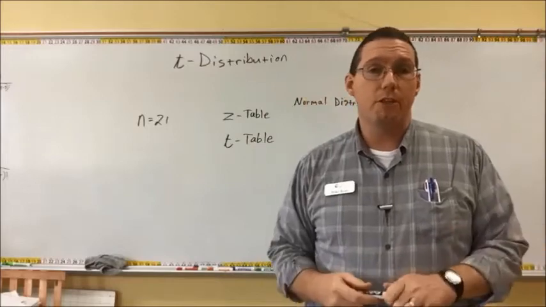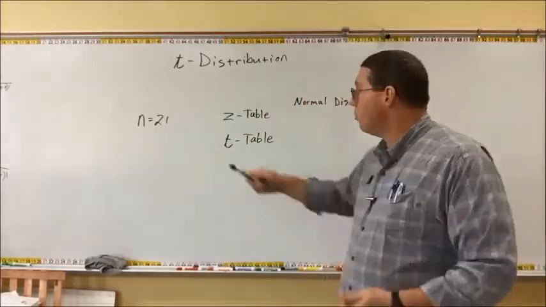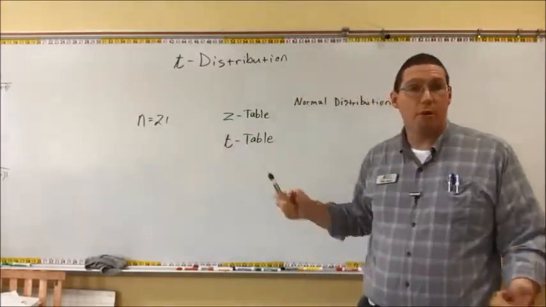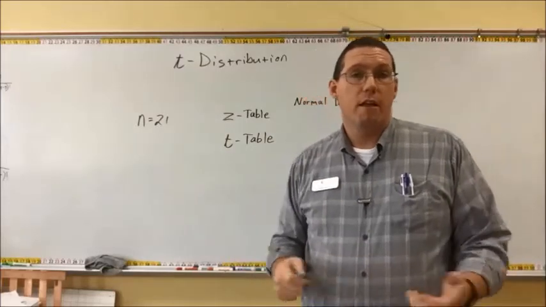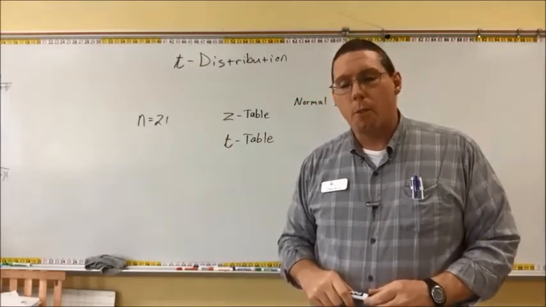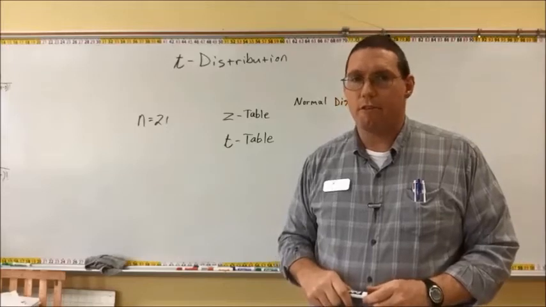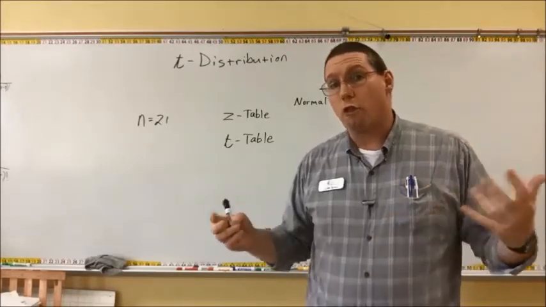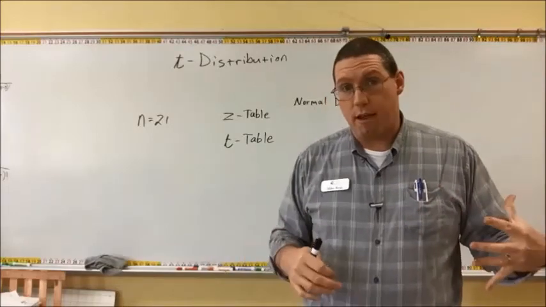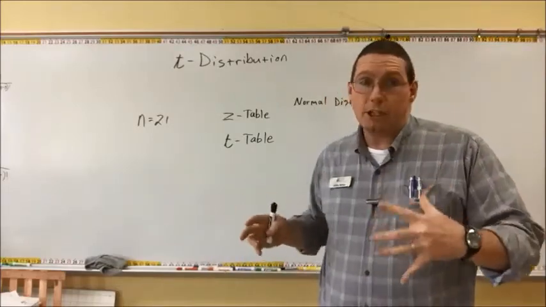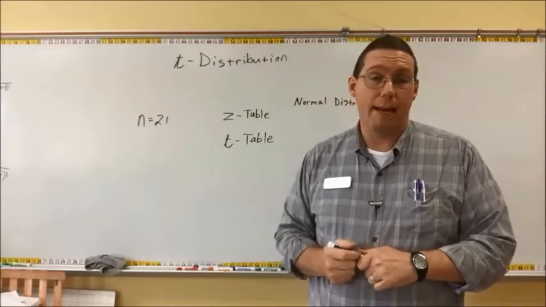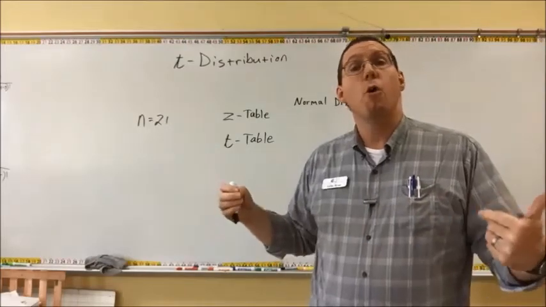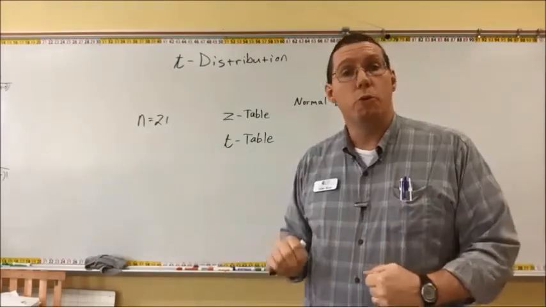Now, you may be thinking to yourself, what's the big difference between 21 and 71? That's only 50 people. There's like 300 million people in America. Well, you would be pretty amazed to find that somewhere around 30 up to 60, something magical takes place with the sample size that you draw.